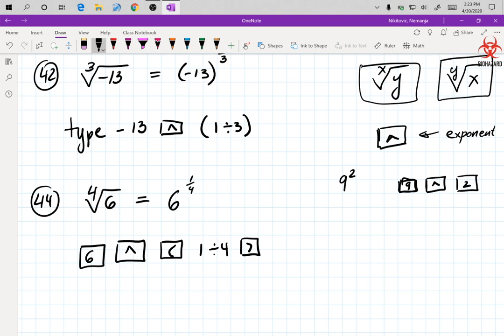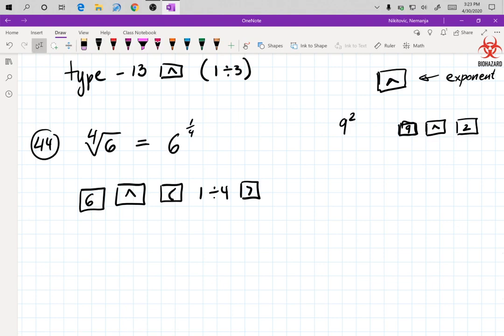So that's how you can type in a quarter. Some people know that 1 divided by 4 is 0.25, so you can also type in 0.25. So 6 raised to 0.25 will give us approximately 1.57, because they said 2 decimals. Good.